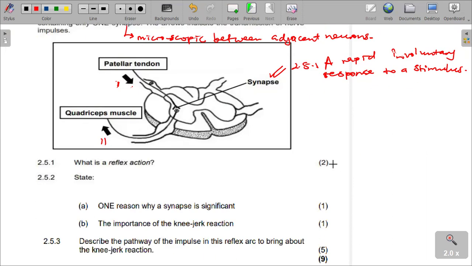And then the next question, 2.5.2a, says, state one reason why the synapse is important. The synapse ensures that impulses are transmitted in one direction.